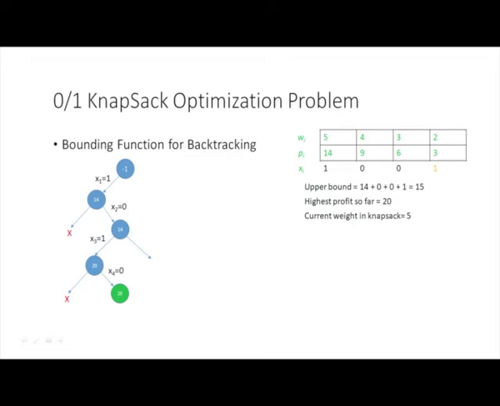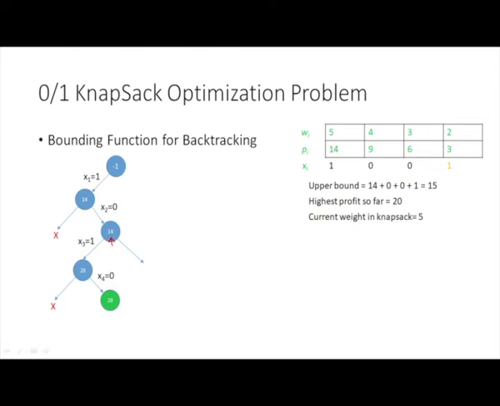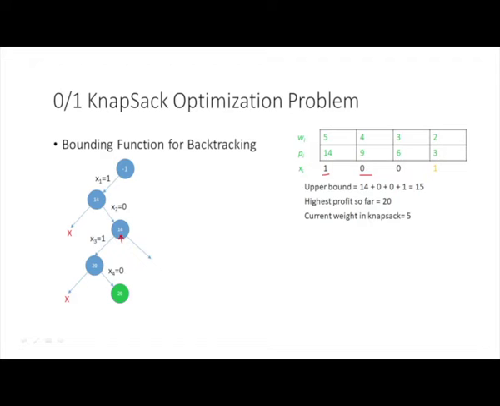Before we determine whether we want to expand this right child of this particular node, we have to compute the upper bound that can be obtained by expanding it. At this point, we have considered item number 1, we have not considered item number 2, and going towards the right, we are not considering item number 3 either.